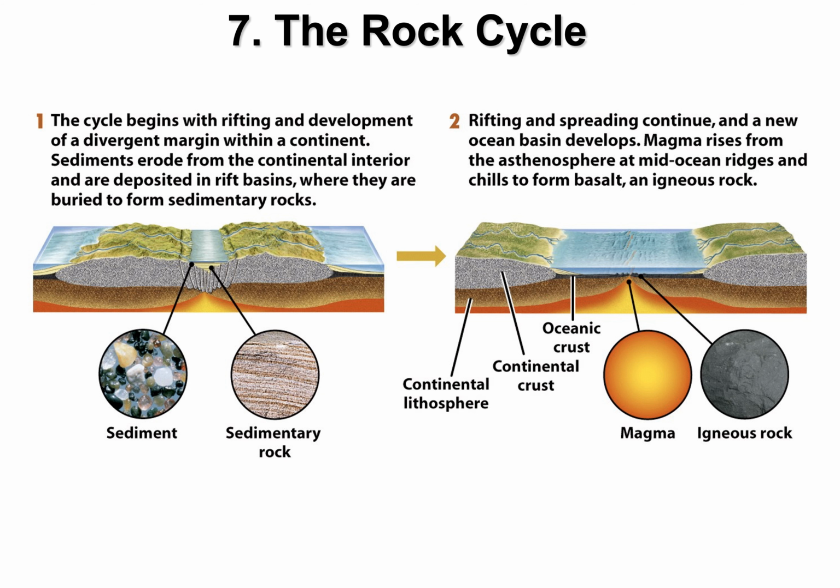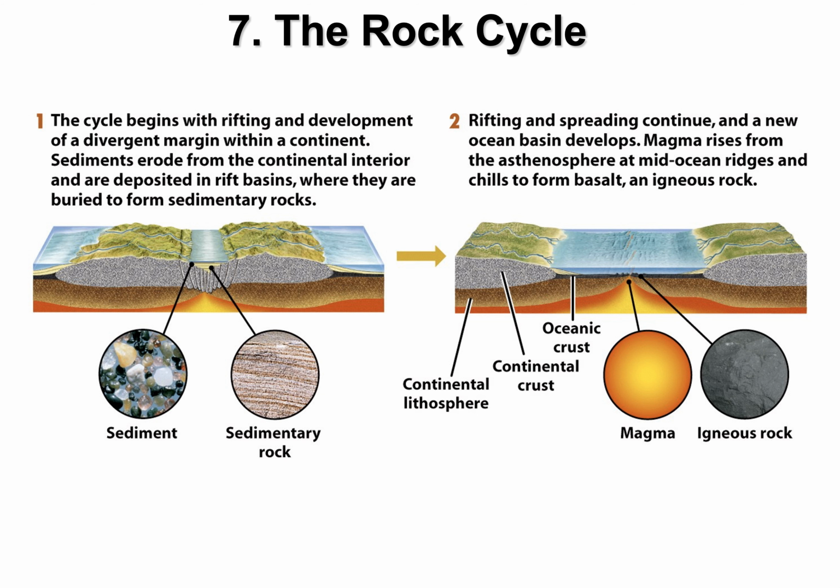Number 2, rifting and spreading continues and a new ocean basin develops. Magma arises from the asthenosphere at the middle ocean ridges and chills to form basalt and igneous rock.